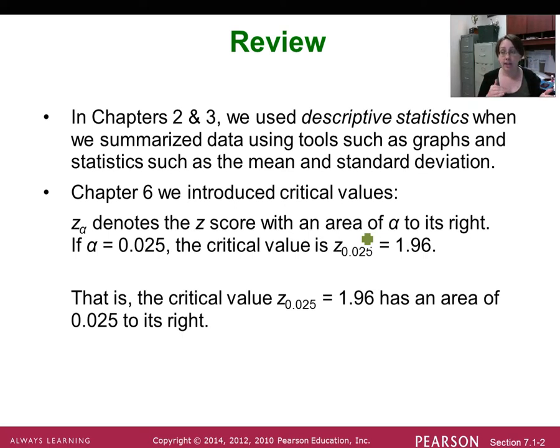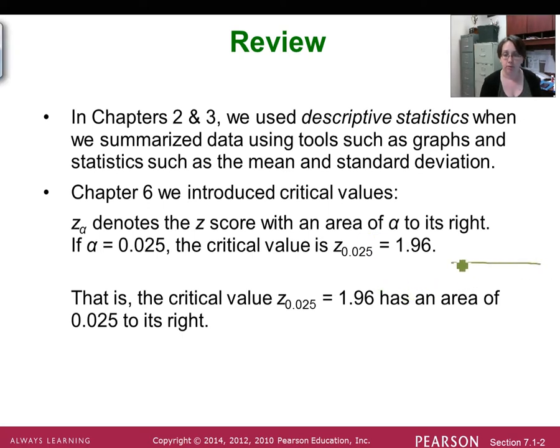In chapter 6, the last chapter we just did, we introduced critical values. Very briefly at the end, we talked about Z alpha, and this denotes the z-score with an area of alpha to its right, so in the positive tail of the normal distribution. So for example, if alpha is 0.025, let me draw a picture real quick.